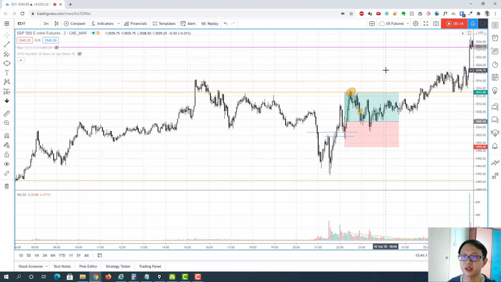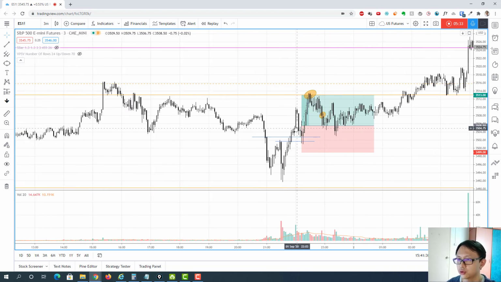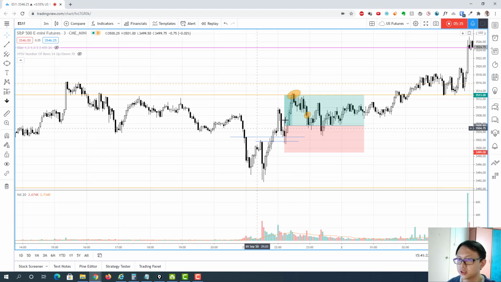But in another way, I also do not like to always miss all the valid entries. So there is a judgment that I need to make in order to go ahead with a valid entry with a lower risk. So let me just walk you through a trade that happened during the US session yesterday.